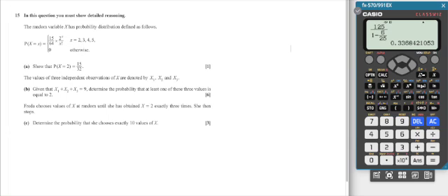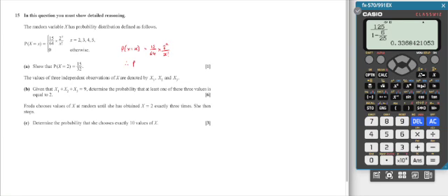My favourite, probability distribution. So we have that the probability that x is 2 is 15 over 32. Let's see what the way to do that is. So the probability that X equals x is 15 over 64 times 2 to the x over x factorial.